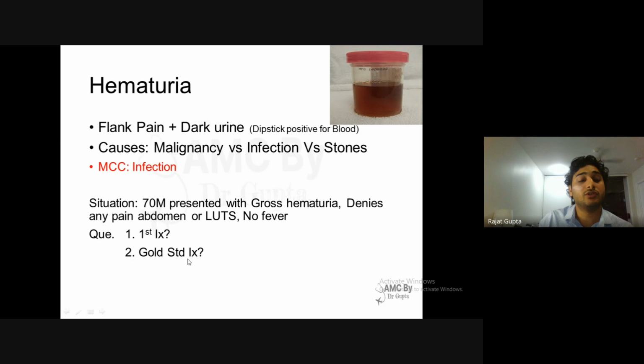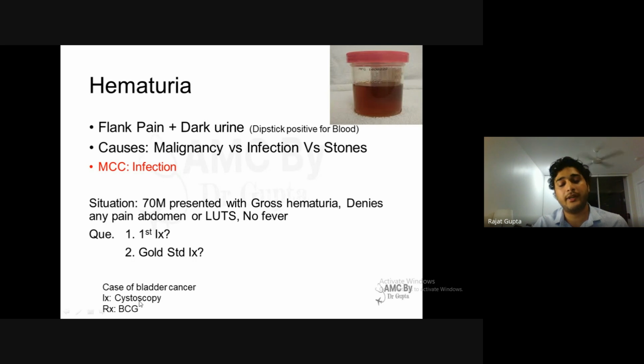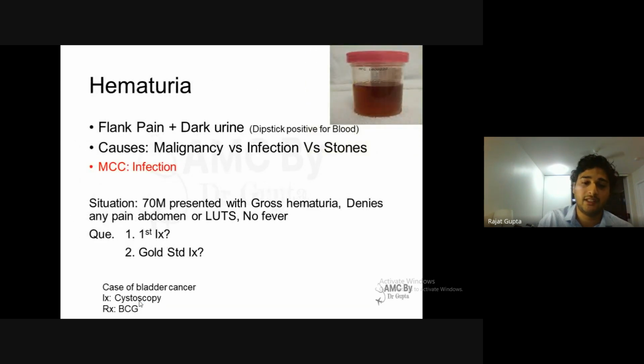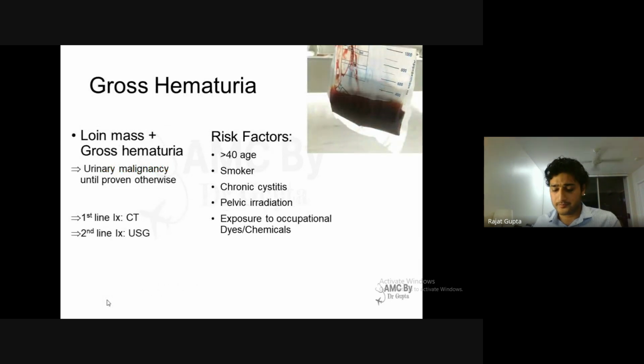Gurmeet, very good. So cystoscopy is the gold standard. So this is a case of urinary bladder cancer, the investigation gold standard is cystoscopy, and treatment is intravesical BCG. It's a bit weird, but yes, BCG, the vaccine, we give it in the bladder, and it helps with the cancer control.